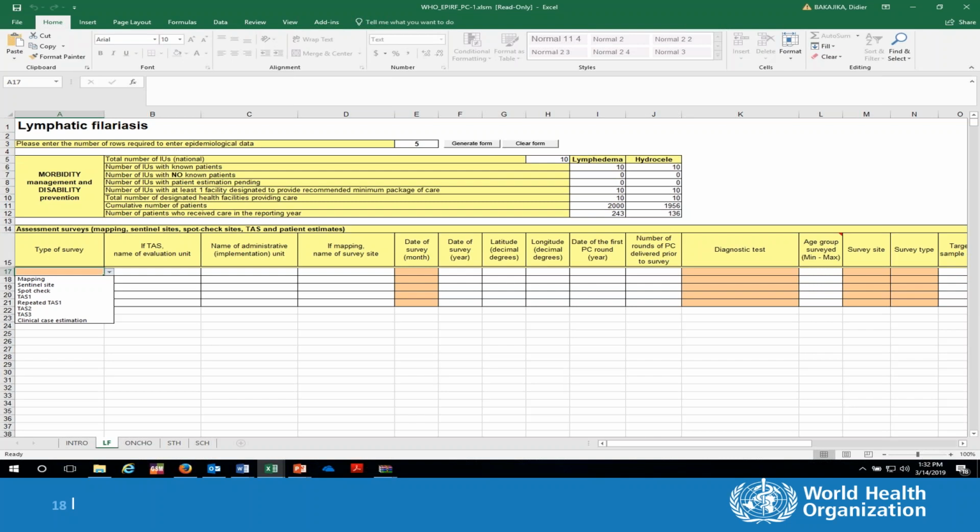And if it's in the same area, you will add also the number of patients estimated in those areas. We will see the next slide. It will be an example that has been filled by Uganda, which will show you how to fill the form.